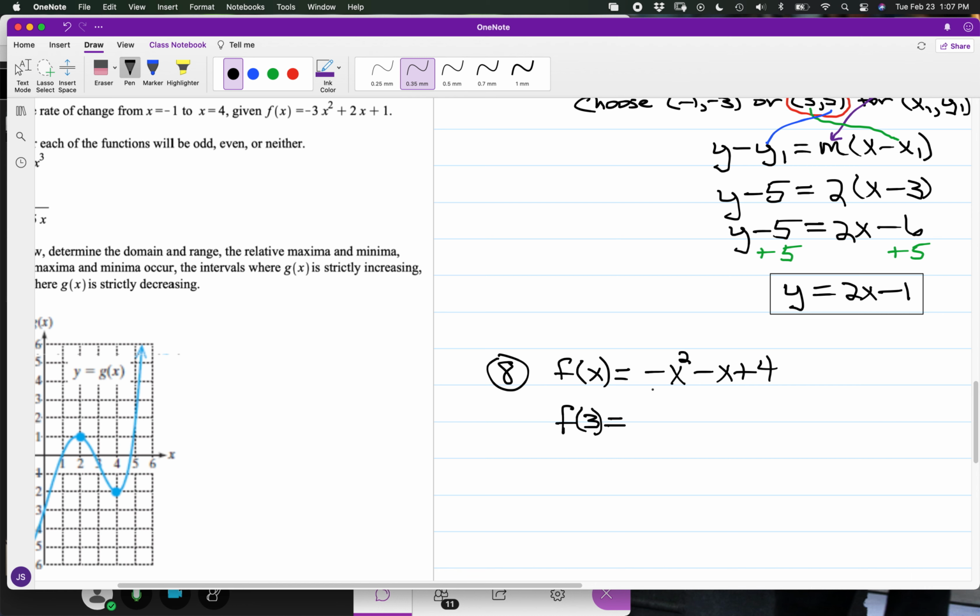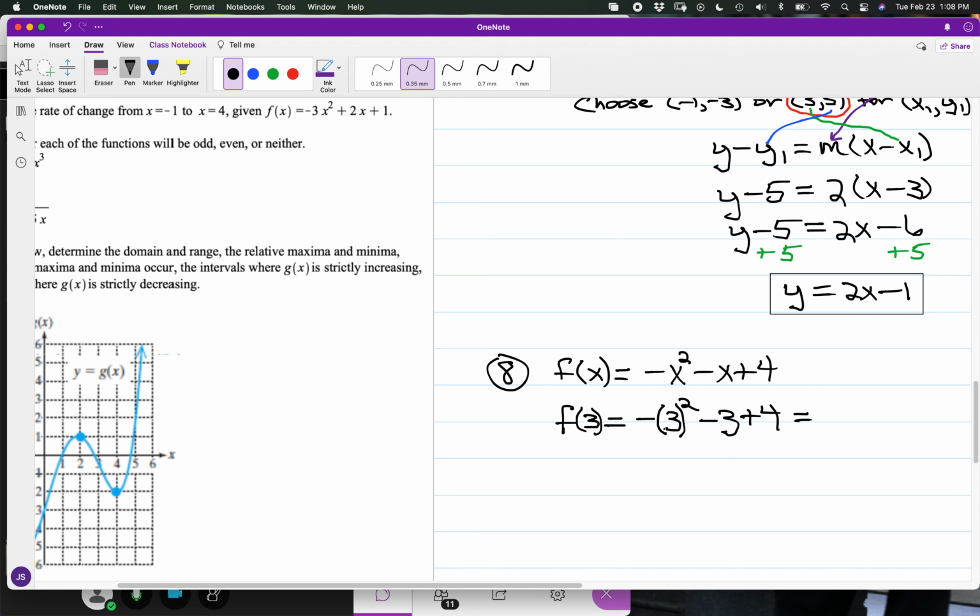Notice we have the negative of x squared, and you would read this as -1 times the square of the input. Not the square of negative x, but -1 times the square of x. So here, if I fill in 3 for x, I'm looking at the negative of the square of 3, not the square of -3, but the negative of 3 squared. And we have minus x, which would be minus 3, followed by the addition of 4.